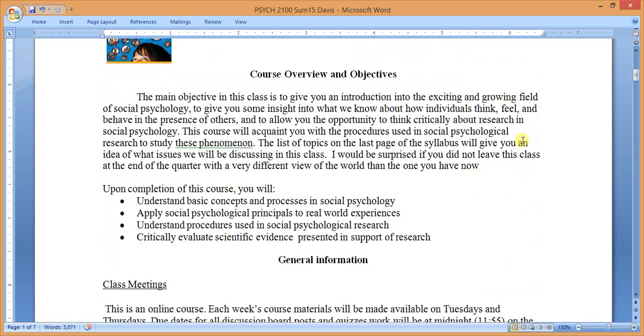Now, the goal of this course is sort of twofold. It's to give you an overview of the research of social psychology and to get you an understanding of how people think, feel, and behave, and how the presence of other people affects how people think, feel, and behave. So we'll talk about basic processes in social psychology and how these apply to real world principles and scenarios, but we're also going to spend some time talking about the science behind some of these research findings.